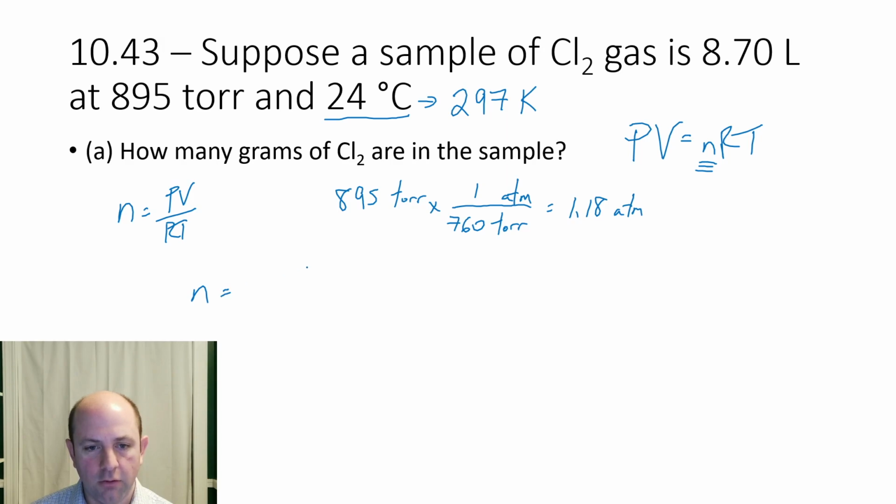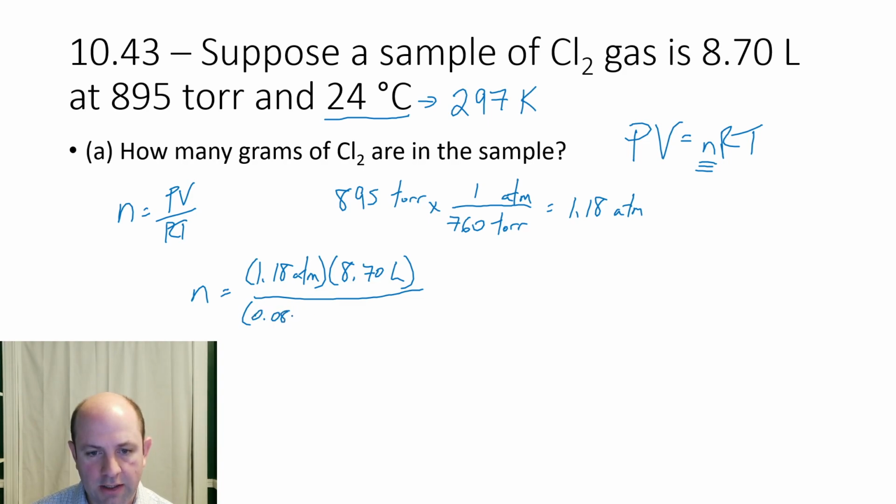So we'll have that the moles are equal to the pressure, 1.18 atm, times the volume, 8.70 liters, divided by R, so 0.08206 liter atm over mole Kelvin, and then divided by the temperature, 297 Kelvin.